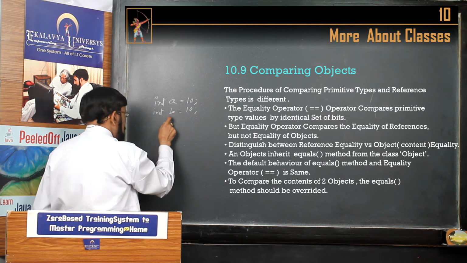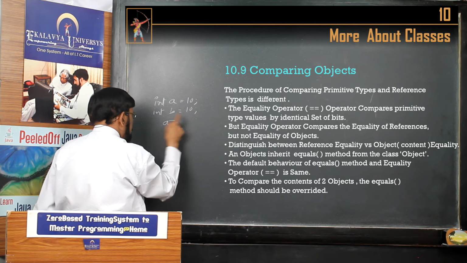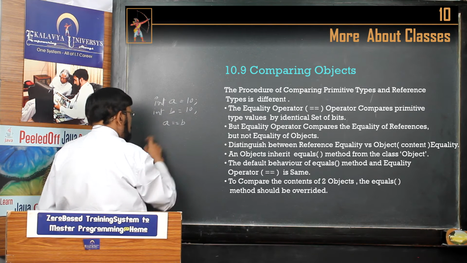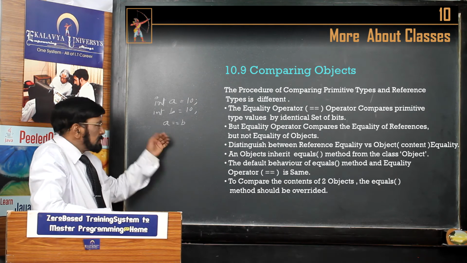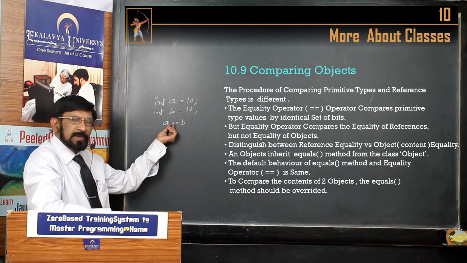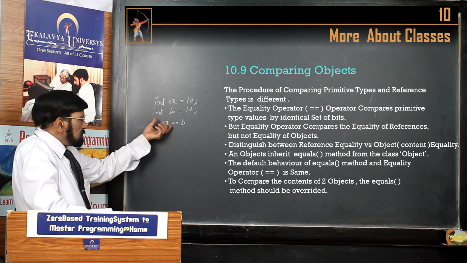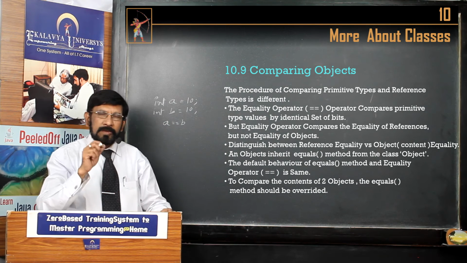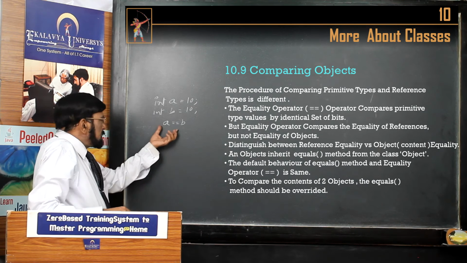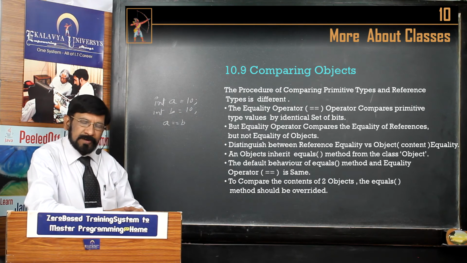Now, in order to compare these two primitive type operands, you write the expression like this. This is the equality operator. By using the equality operator, we compare the equality of two primitive type operands.